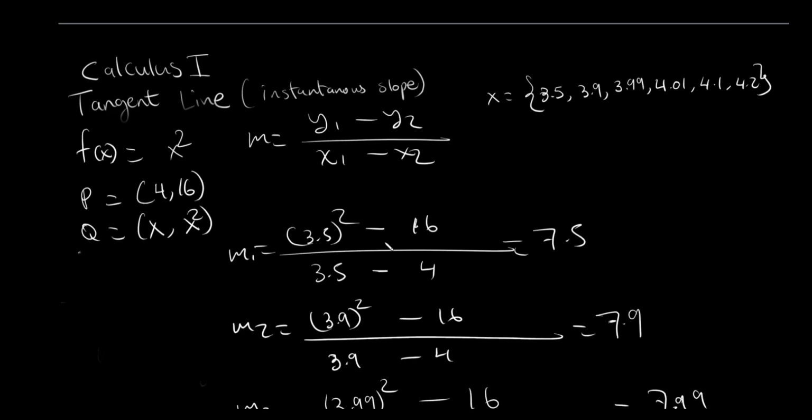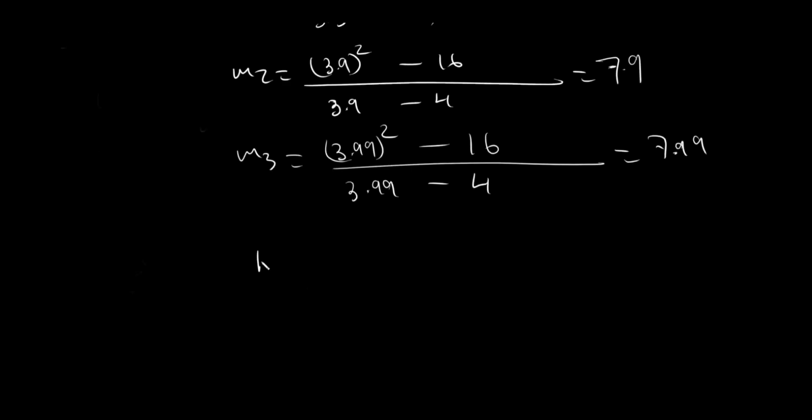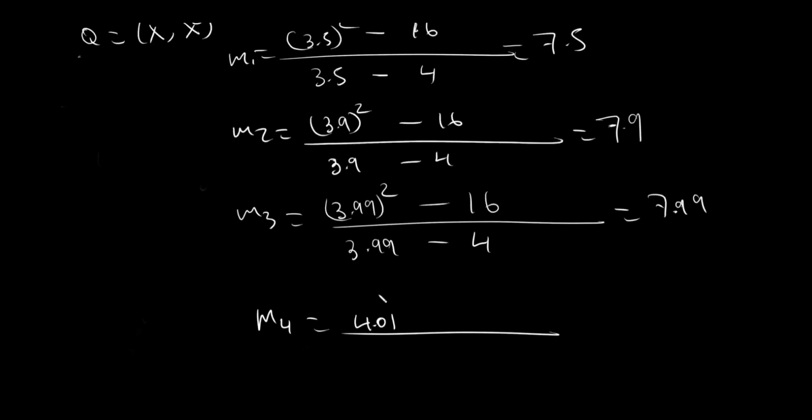Now let's take our fourth slope, m4: 4.01 to the power of 2 minus 16, over 4.01 minus 4.